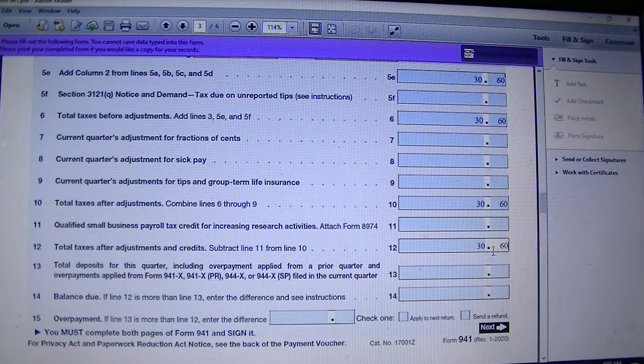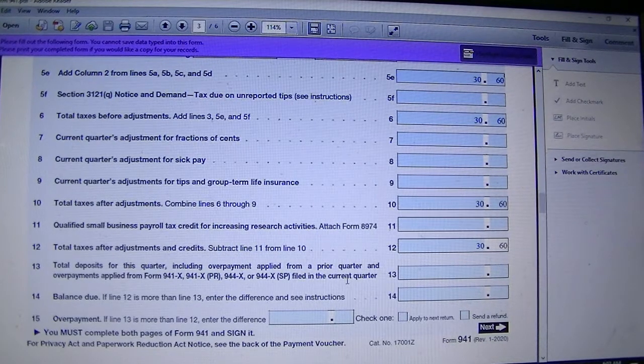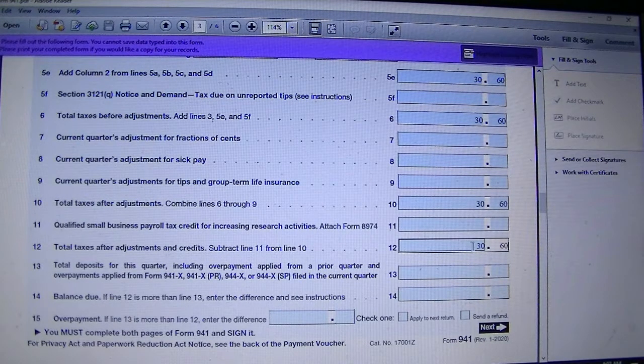You could make a payment along with your Form 941 when you are filing the form, or you could make a deposit using EFTPS. But if it's more than $2,500, you should be making a deposit and make that deposit on time.